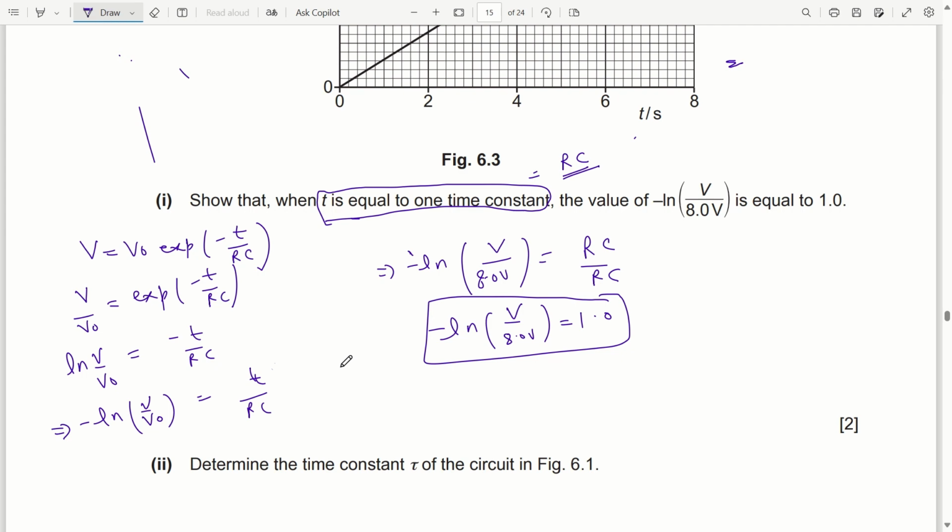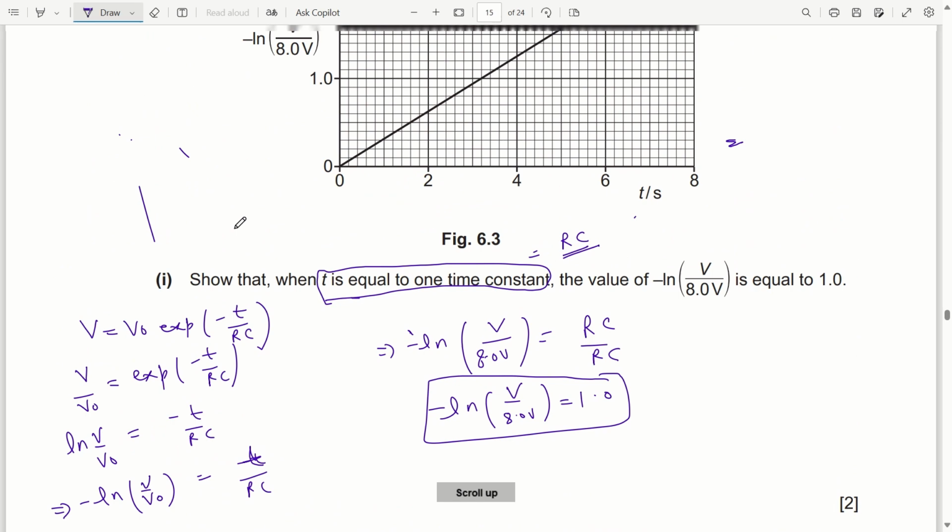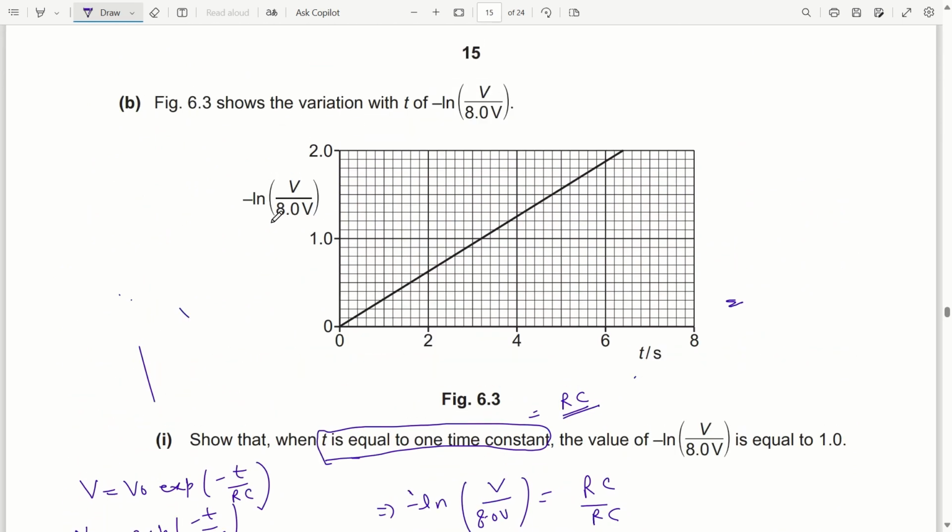Determine the time constant tau of the circuit. Time constant tau, we know, is given as tau is equal to RC. If I compare this equation, from this equation a graph is given between minus log natural V by 8.0 V versus t.